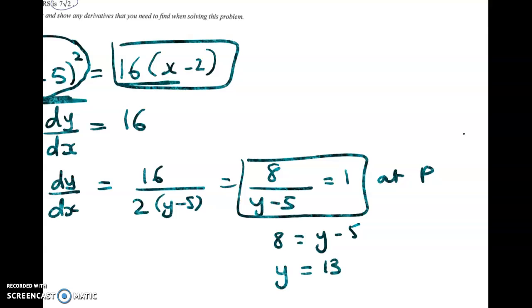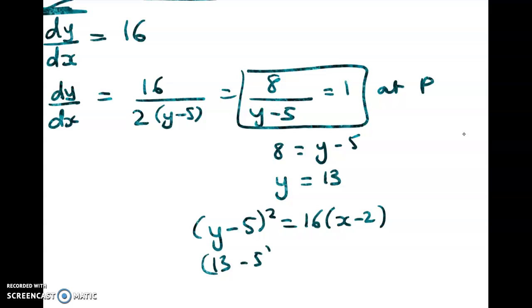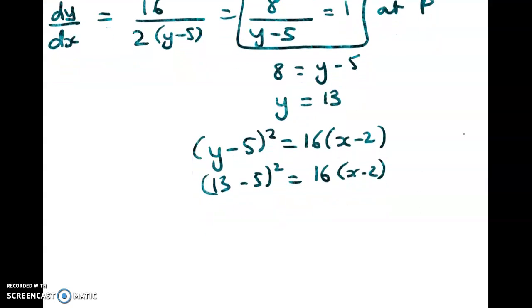And now I have to figure out what x is. So we go back to the original curve, which was y minus 5 squared is equal to 16 times x minus 2. And I'll substitute in 13. So going really slowly here, 13 minus 5 squared is equal to 16 times x minus 2. 13 minus 5 is 8. 8 squared is 64. 64 divided by 16 is equal to x minus 2.